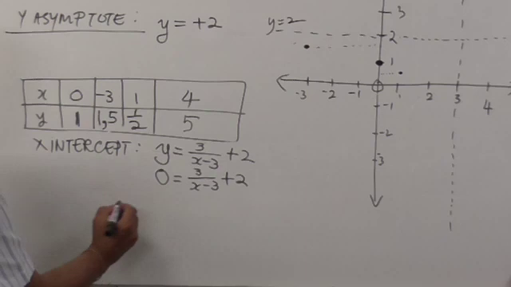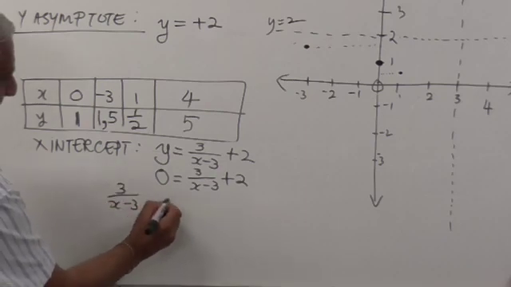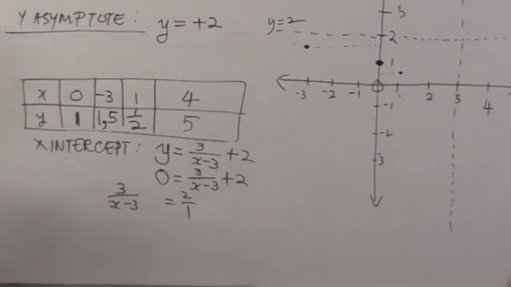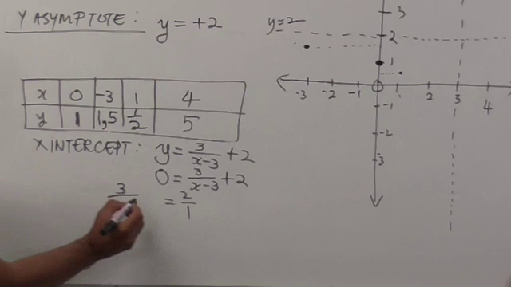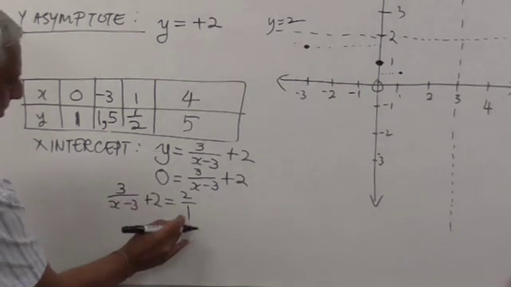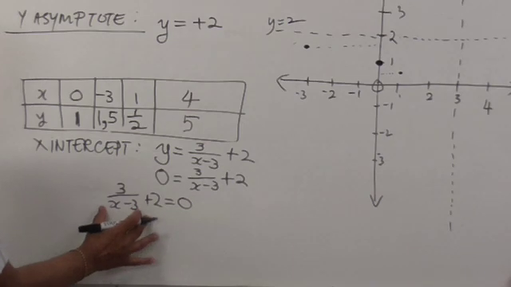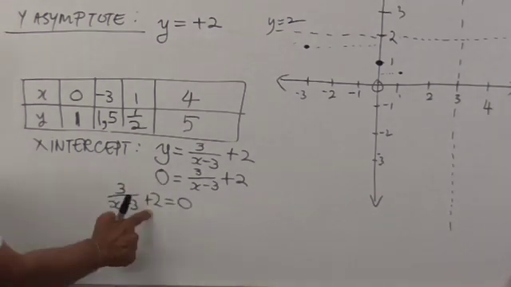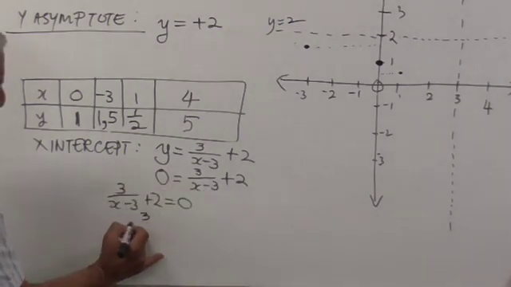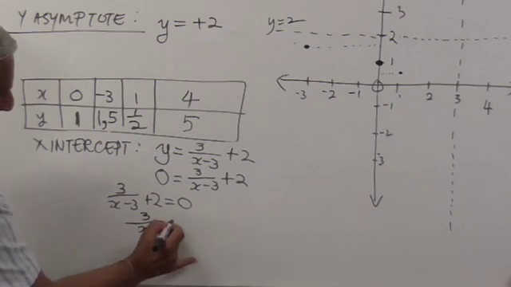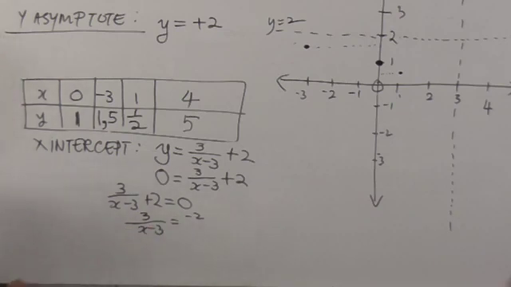Now, let's bring everything this side. 3 over x minus 3 plus 2 is equal to 0. I brought everything from there here. So, now we'll take the 2 on that side. 3 over x minus 3 is equal to negative 2.